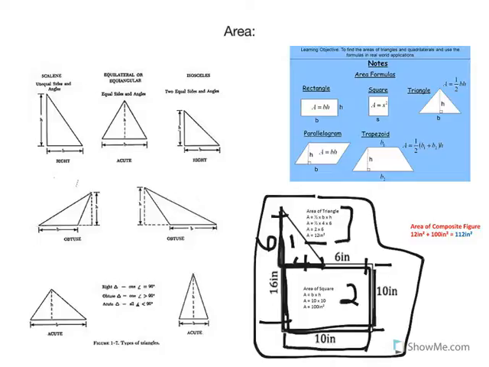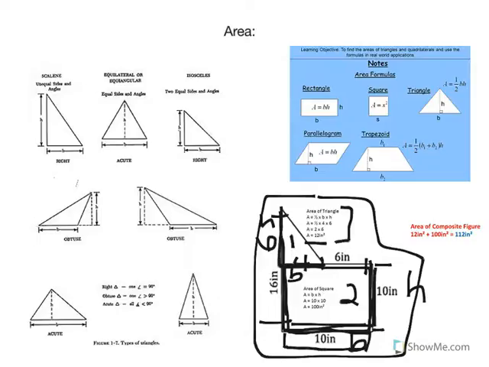And then you figure out your dimensions. You see that this is 10, this is 10, so it's really a square, it just looks like a rectangle. So you're finding the area of the square, which is base times height, and so you have 10 times 10, because that's your base and that's your height. This is your height, this is your base, this is your base, this is your height, okay? So 10 times 10 is 100.